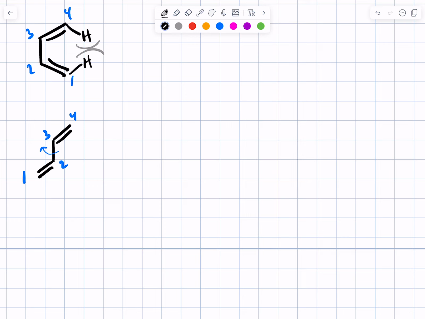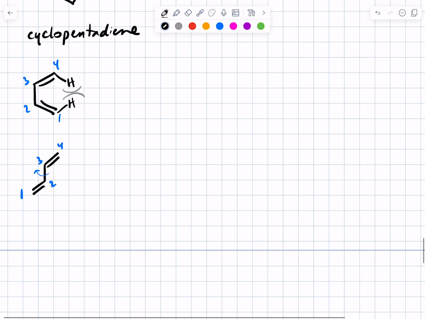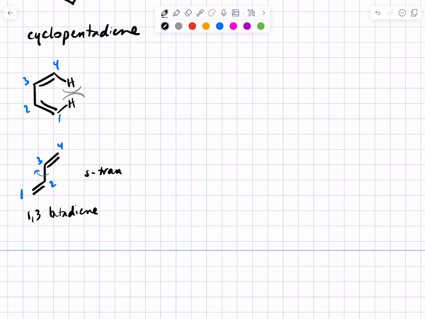Nevertheless, it's possible. People distinguish these two conformations of 1,3-butadiene by calling the one on the bottom S-trans. It's not really trans because there's not a full pi bond between carbons 2 and 3. The S refers to sigma, so it's trans-ish about a sigma bond.